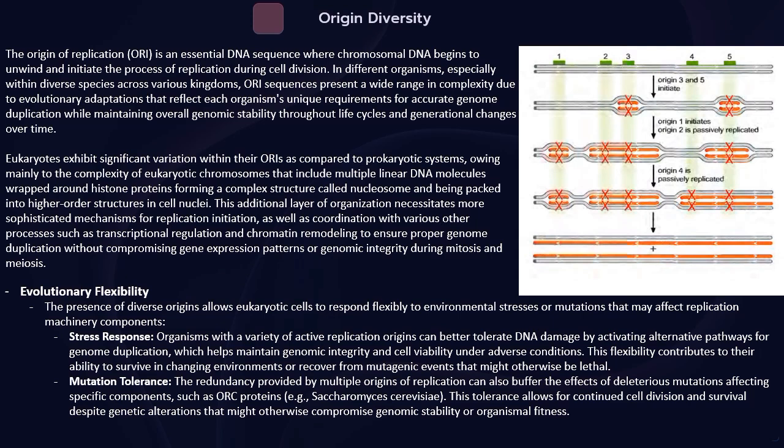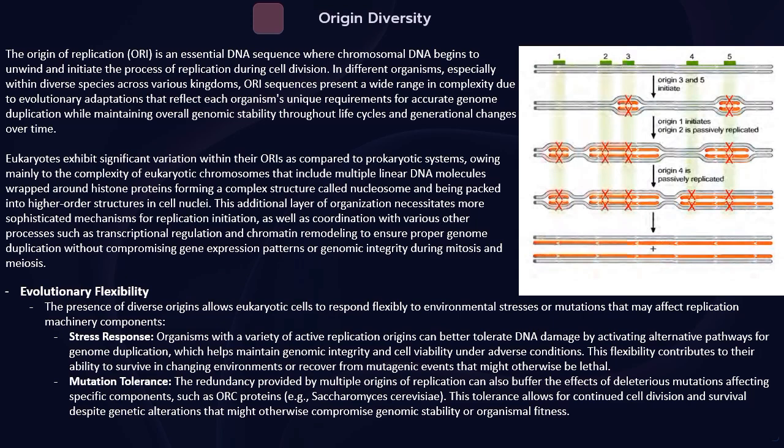multiple linear DNA molecules, which are wrapped around the histone proteins, forming a complex structure called nucleosome, which are then further condensed in order to form a 30 nanometer chromatin fiber structure. And during late prophase and or metaphase, the chromatin fiber condenses even further in order to form a highly condensed structure of chromosomes or chromatids.